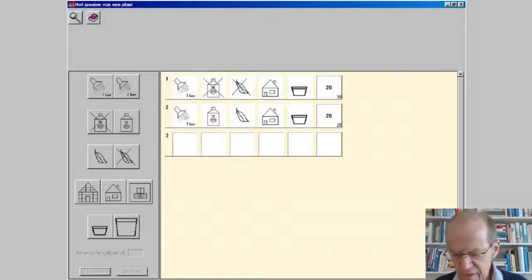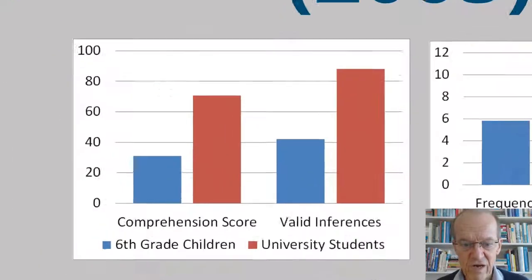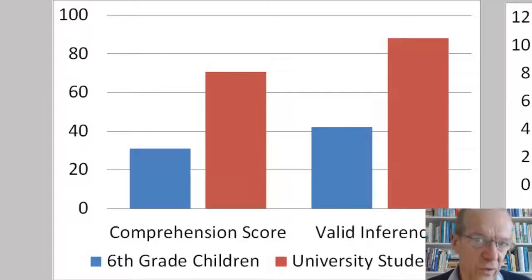What we were interested in was both the process and the understanding, so the product. That's what we call the comprehension score. So we compared in this study sixth grade children, so 10 years old, in fact, with university students.